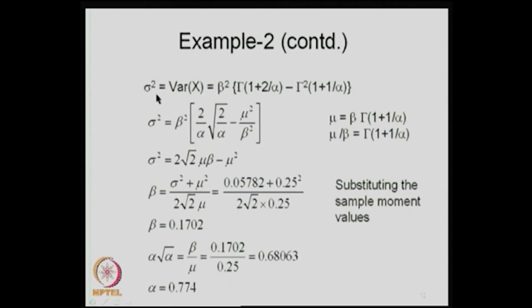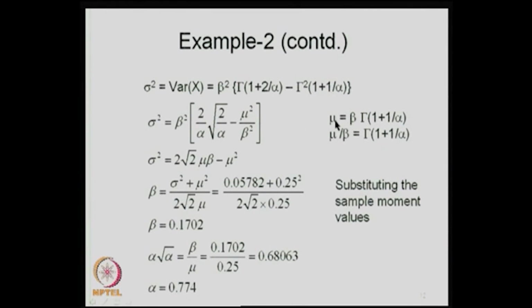Then we also use the variance. For the Weibull distribution, sigma square is given by beta square into gamma function of 1 plus 2 by alpha minus gamma square of 1 plus 1 by alpha. Again, this 1 plus 2 by alpha we write as 2 by alpha times gamma of 2 by alpha. So, we have taken out beta square, and the first term is 2 by alpha times gamma of 2 by alpha, minus the gamma function square of 1 plus 1 by alpha.